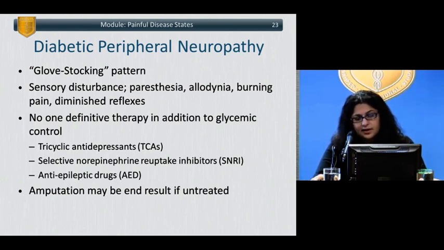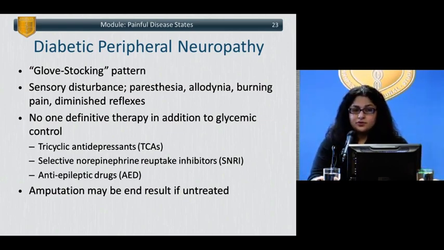On exam, they may have diminished reflexes. They may also have loss of proprioception and vibratory sensation. What's the treatment of diabetic peripheral neuropathy? Like most of our pain syndromes, we're going to emphasize the concept of multimodal therapy. But there are some guidelines out there that are published that help practitioners treat different types of neuropathy.